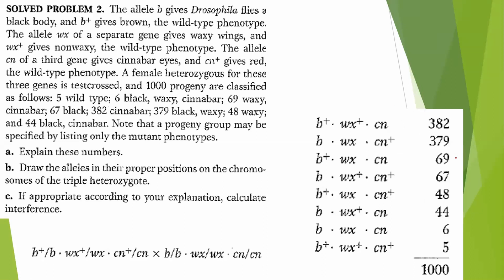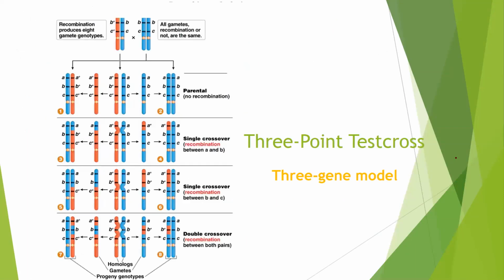Yeah, sure. Maybe we can go to this slide. This is the first time we introduced the 3-point test cross. This is the parental type. Now if there's a crossover occurring between A and B, we're going to get this and this.